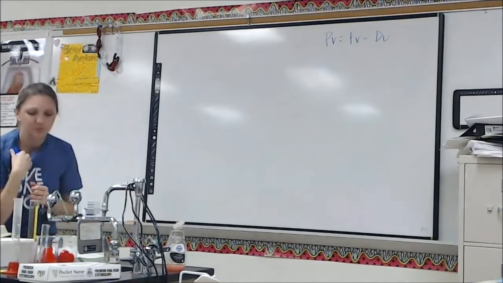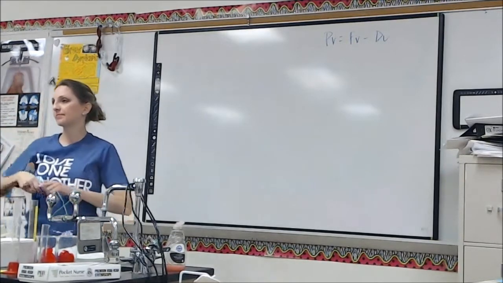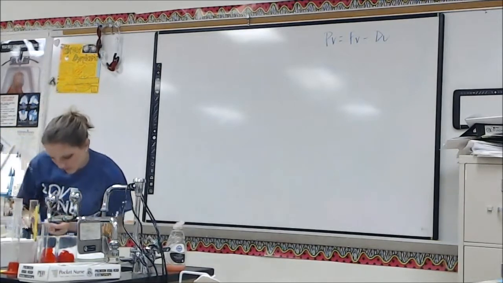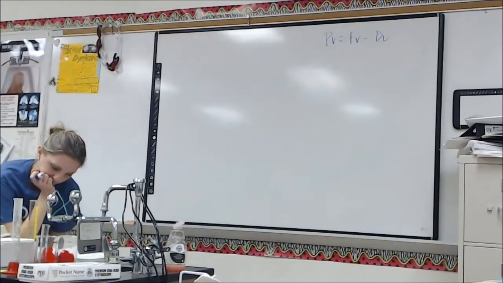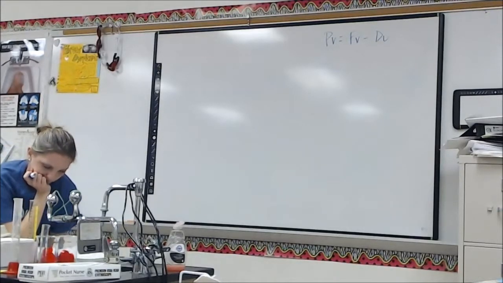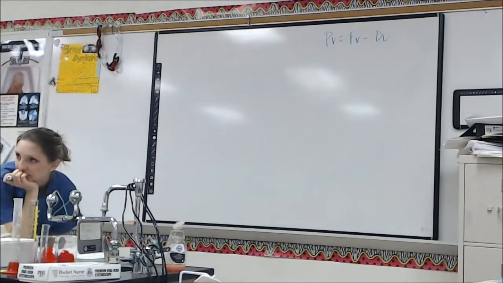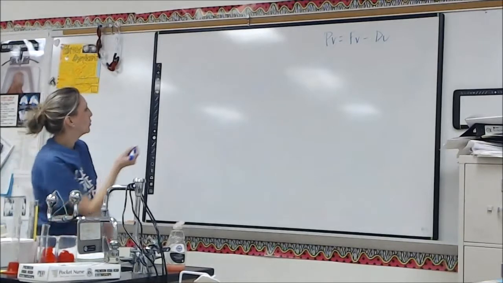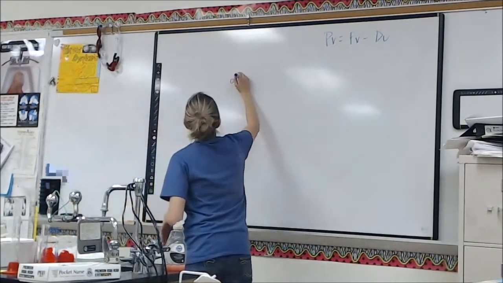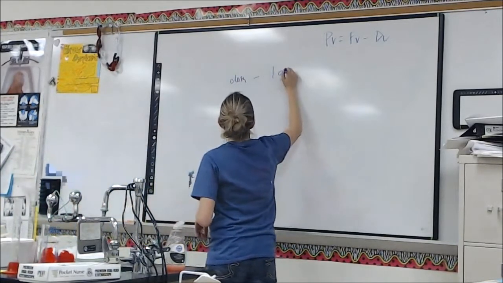Sometimes you have to multiply these out. I think this one you're going to have to multiply. So look, what does it say? We know the total dosage is 1 gram.